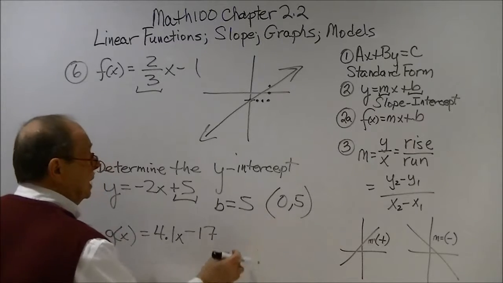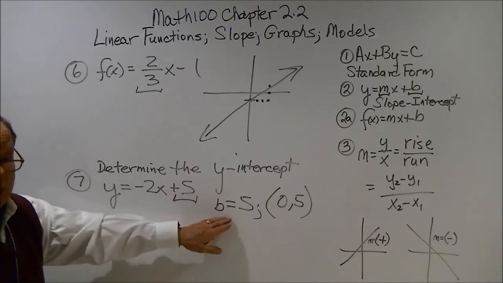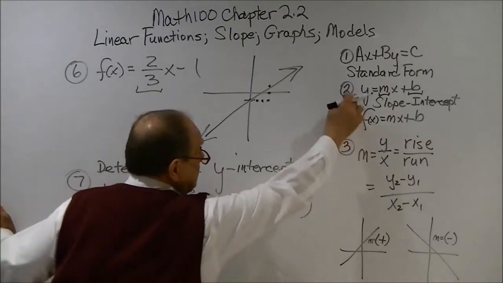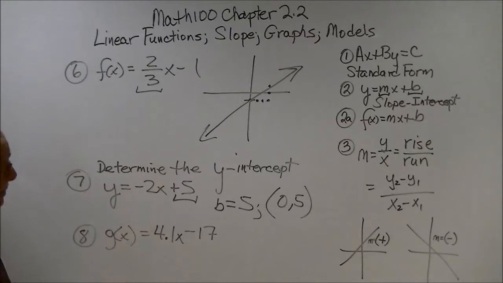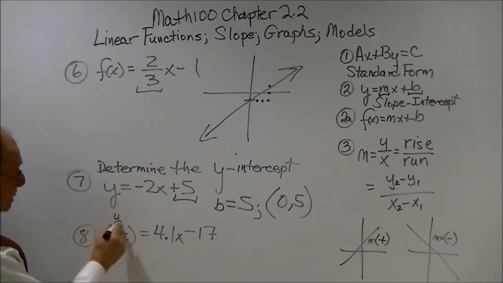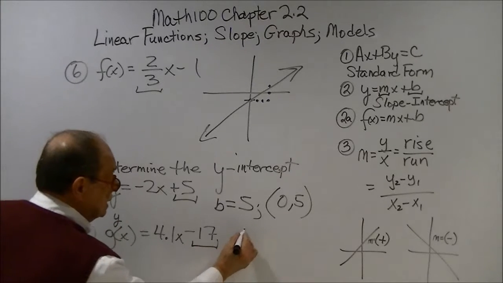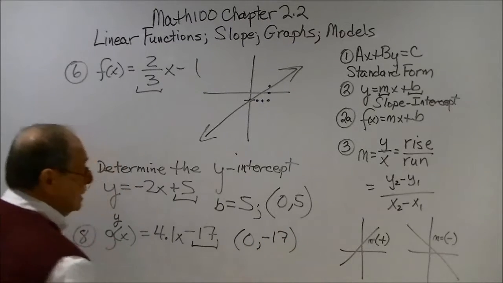This is the official way, and this is an acceptable way. Now notice this is in function notation, but it's a sister or brother of our slope-intercept form. Remember, we can always substitute a y here. So our y-intercept is (0, -17).